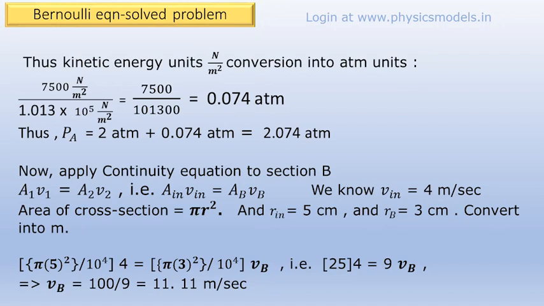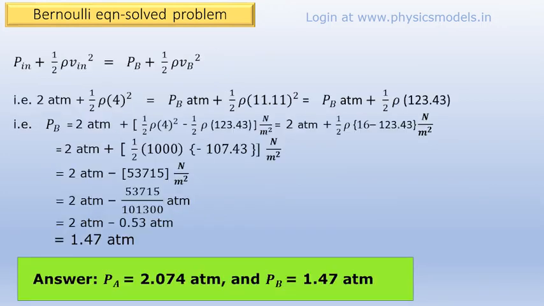This makes sense because the section B is very thin, it's only 3 centimeters in diameter, so the velocity should be faster, which is what we are getting. We now substitute VB into the Bernoulli's equation for pressure and kinetic energy at all points.